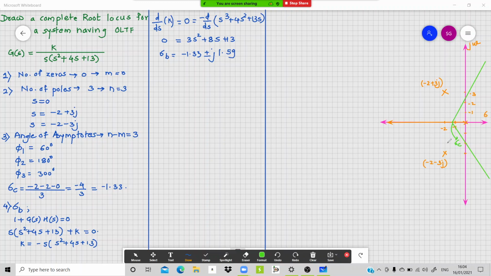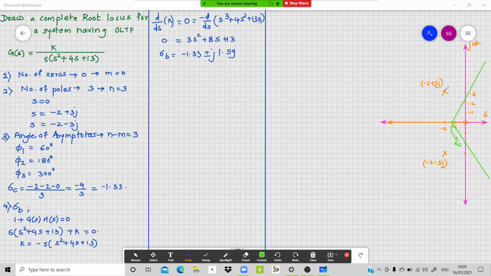So now we don't know how these are going to move, correct? But one thing is very much clear, this pole has to go along this, this pole has to go along this, correct? So it is not possible that these two will cross each other or break at these points. So definitely, even if we got the value of sigma b, it's of no use, because nowhere are these two poles going to cross this line, the real axis, and then break.